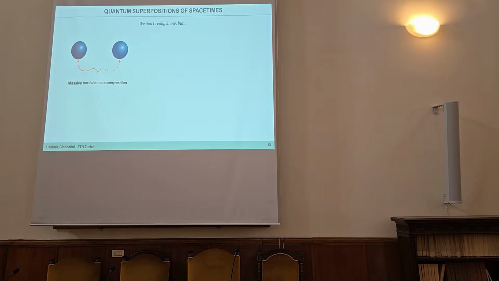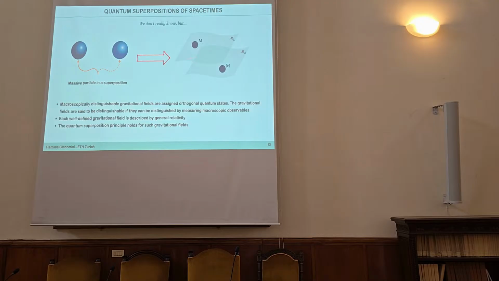And then you can notice that this gives me some intuitive picture of what a quantum superposition of spacetime is. And so I can extrapolate some principles according to which I will still have a quantum superposition of spacetimes without assuming that this gravitational field is weak. And so you can write something like that, a quantum superposition of manifolds, which respects some criteria.